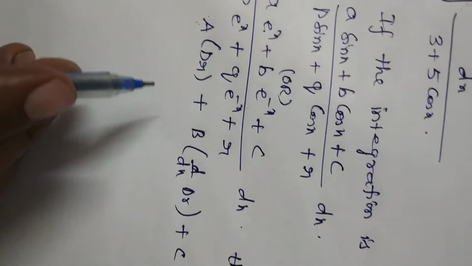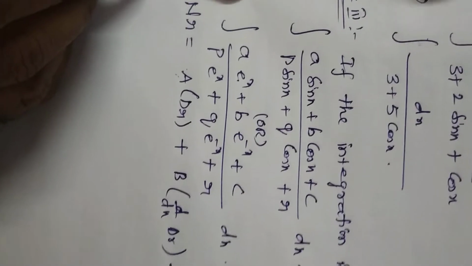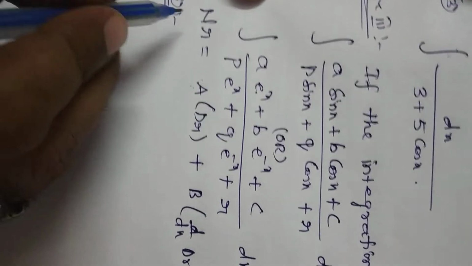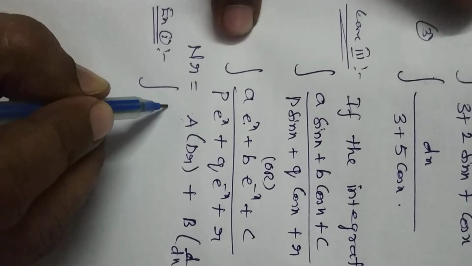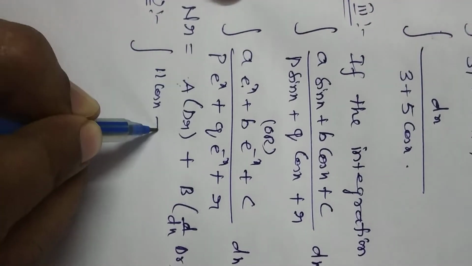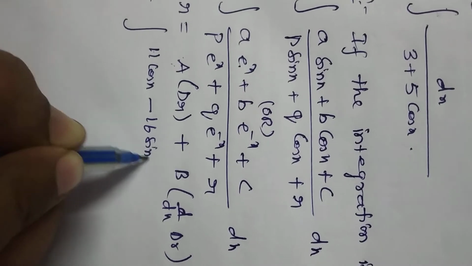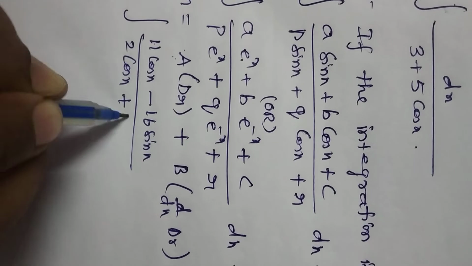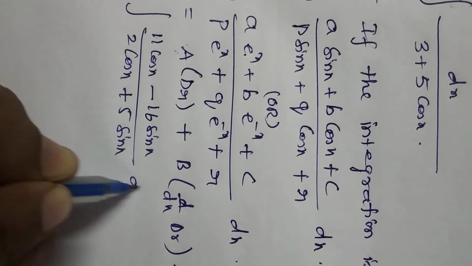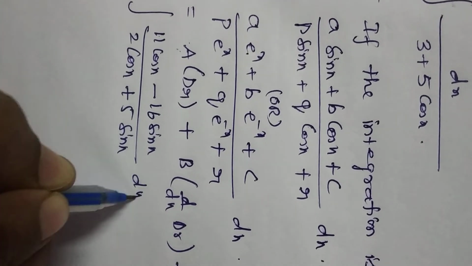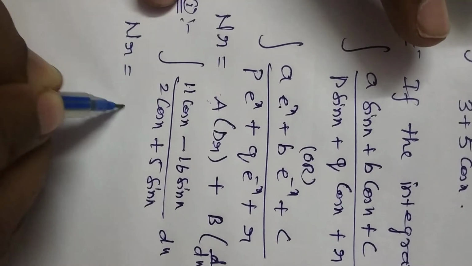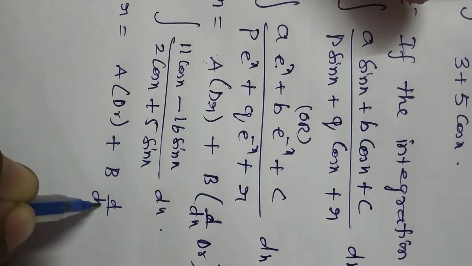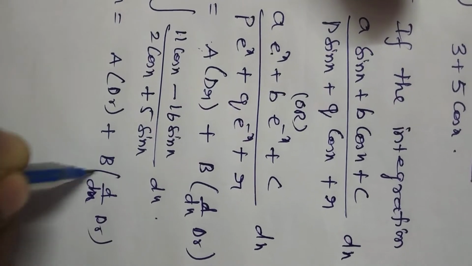So let us look at one example of this type. Example 1. Evaluate integration of 11 cos x minus 16 sin x by 2 cos x plus 5 sin x dx. So here what is the condition? The numerator should be equal to a into denominator plus b into d by dx of denominator plus c.